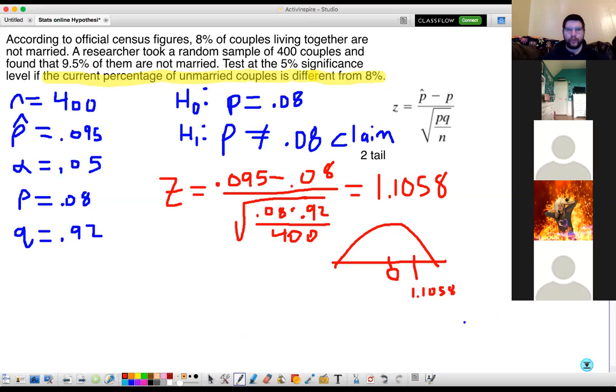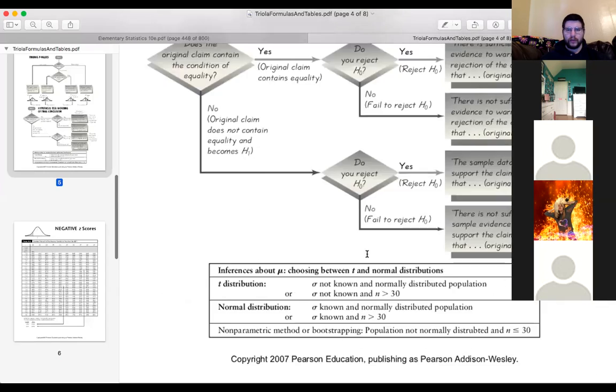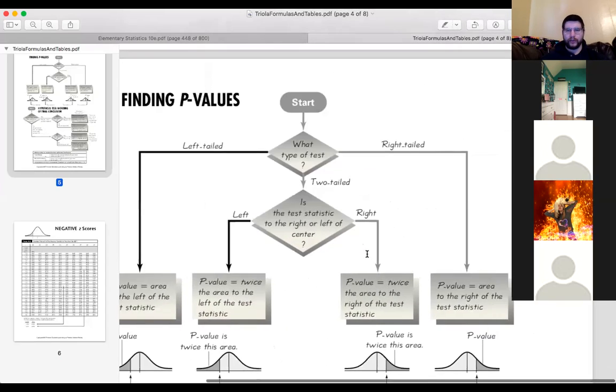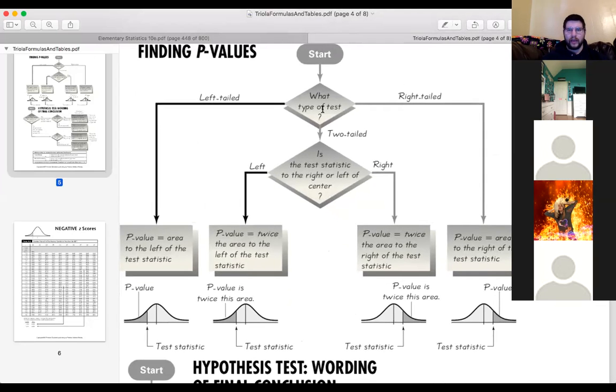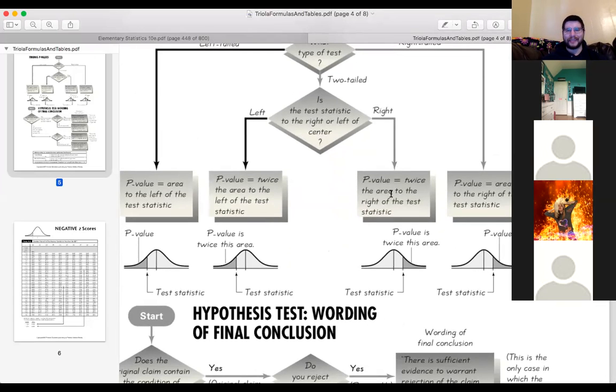So let me pull up the formula sheet. Finding p-values, here it is, right there on your formula sheet. We have a two-tail test. The test statistic is to the right of the center. We find twice the area to the right of the test statistic. We're going to find the area to the right and double it.